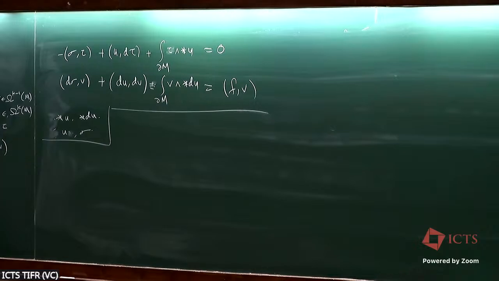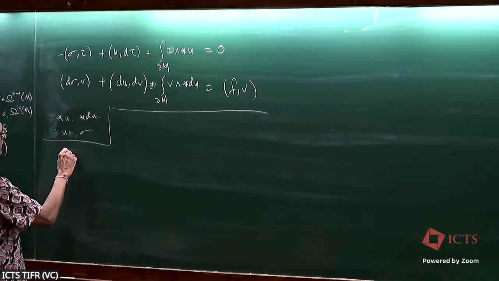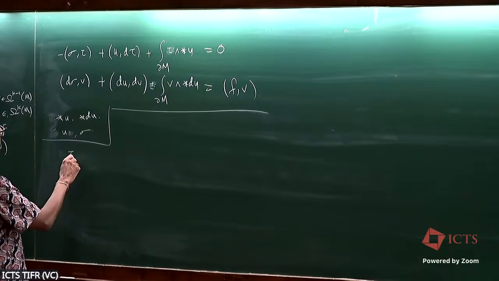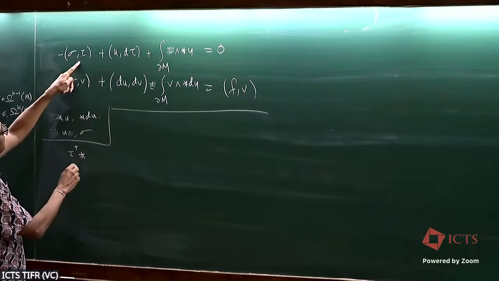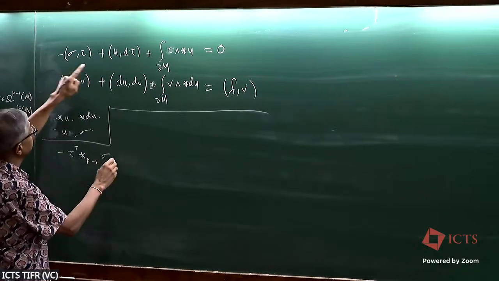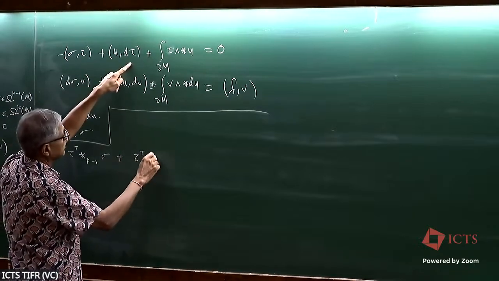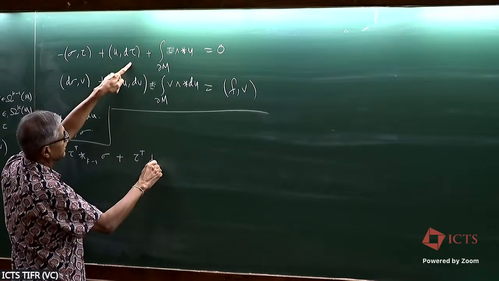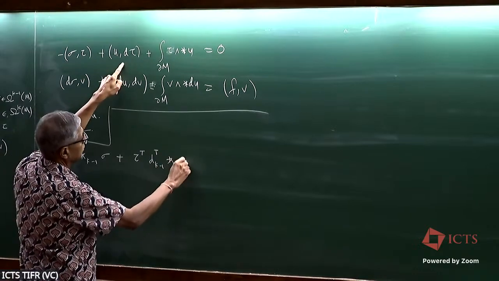Okay, so how do we discretize this? Well, just the way you do in finite elements, you write bases and so on. So let me write this as tau, which is a k minus 1 form. So I will write this discretely. Tau transpose star k minus 1, there's a minus sign, sigma, plus tau transpose d k minus 1 transpose star k u.